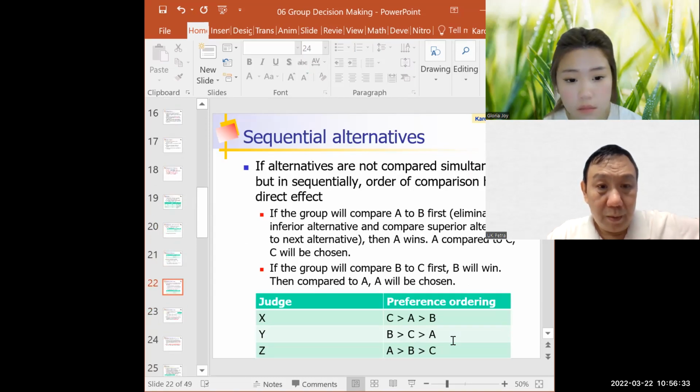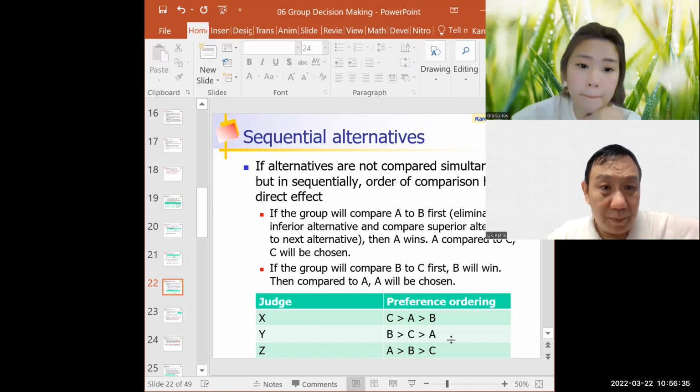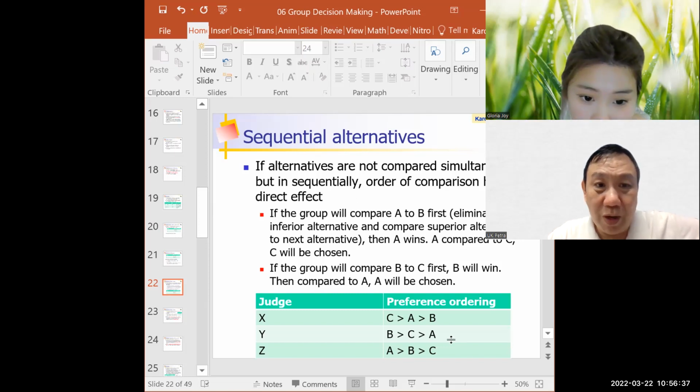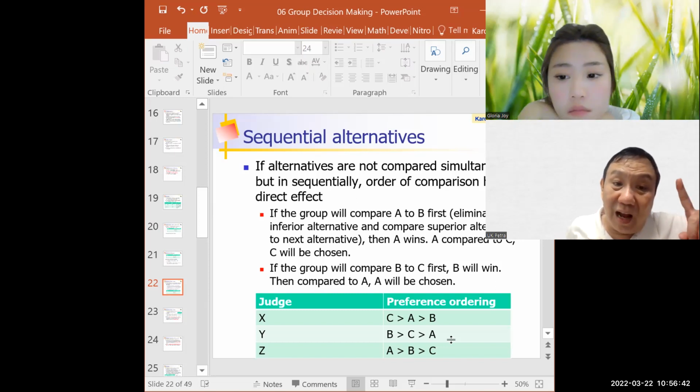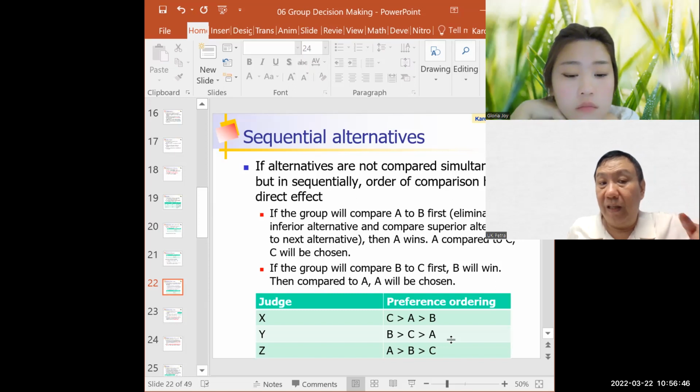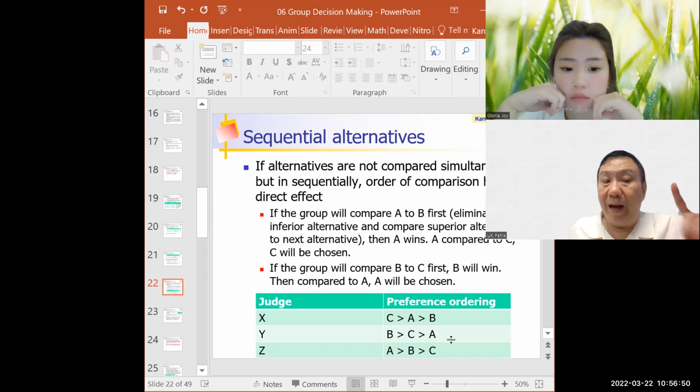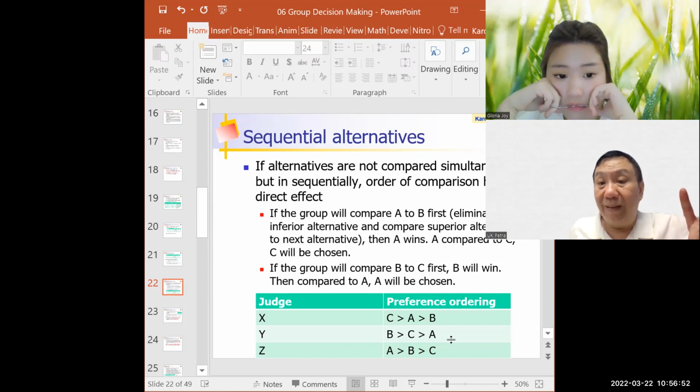Then another proposal is something like this. This is called sequential alternative. If the alternatives are not compared simultaneously, but sequentially, the order of comparison will have a direct effect.